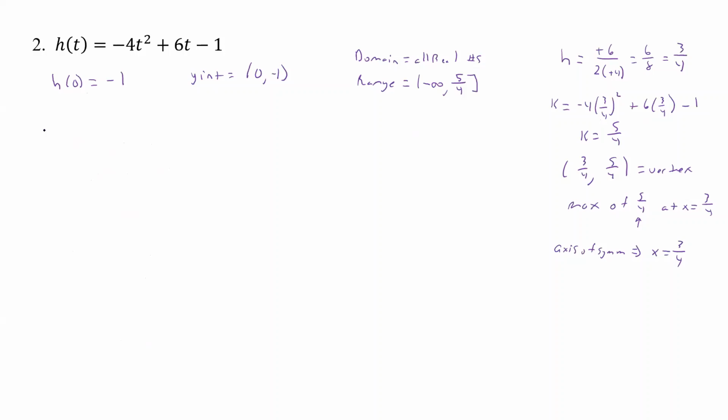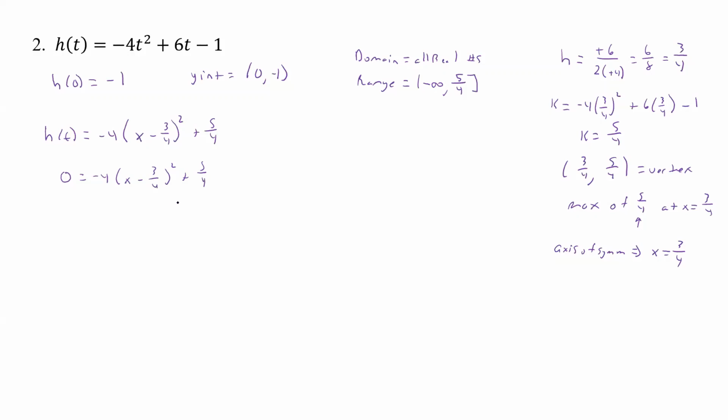On the second one, what we have to do is first write it in standard form. So h of t equals, well, we have our a, which is -4, times x minus h, which we found was 3/4, that squared, and then plus k, which is 5/4. And so now we have it in standard form. Now we say, okay, that's equal to 0. So instead of factoring, we put it into standard form and solve for x.